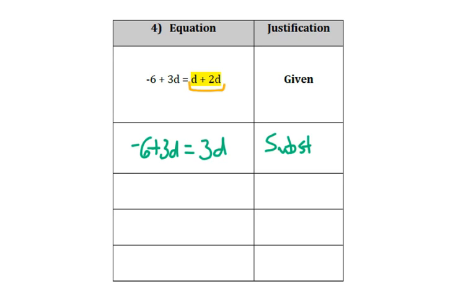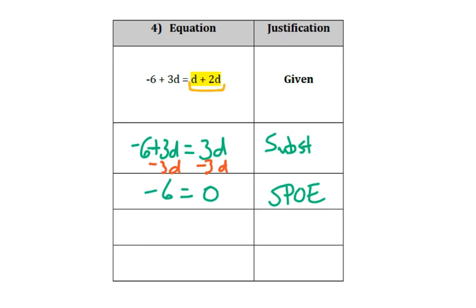Next, let's go ahead and get the variables to the same side of the equation. So I'm going to subtract 3d's. The reason we can do this is because of the subtraction property of equality, which gives us -6 is equal to 0. Well, -6 is never equal to 0.